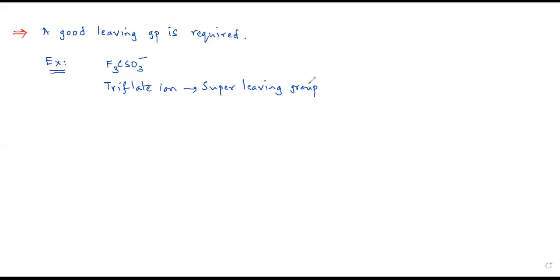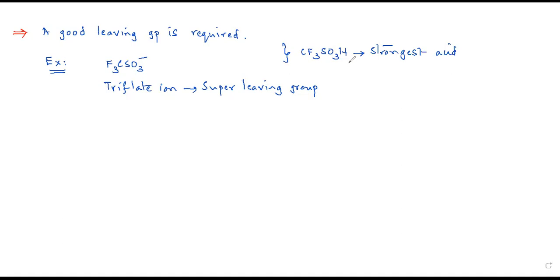It is because trifluorosulfonic acid, CF3SO3H, is the strongest acid. Its conjugate base is the weakest. So it is the super leaving group. Okay. CF3SO3H is the strongest acid.